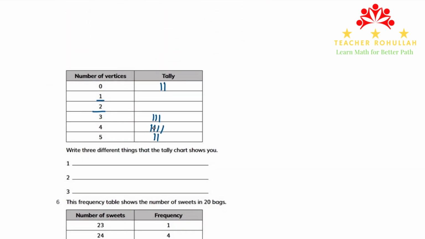Now it's asking us to write 3 different things that the tally chart shows us. According to the tally chart, there are no shapes that have 1 or 2 vertices. So we can say there are no shapes with 1 or 2 vertices. And the number of shapes that have 0 vertices are 2.